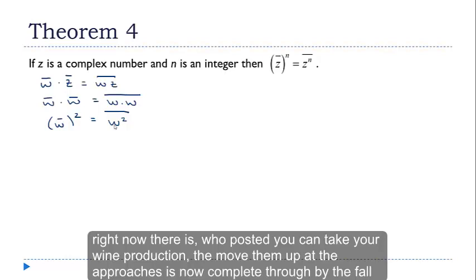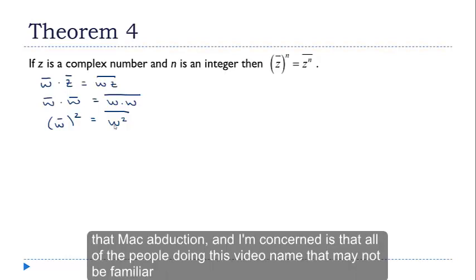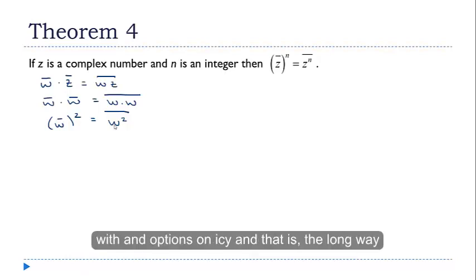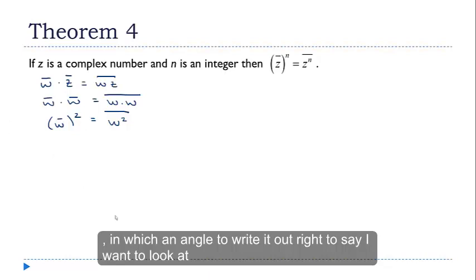One approach, the more high level approach, is to now complete the proof by what's called mathematical induction. I'm concerned that a lot of the people viewing this video may not be familiar with induction, so I'm actually going to do this the long way, which is I'm really just going to write this out.